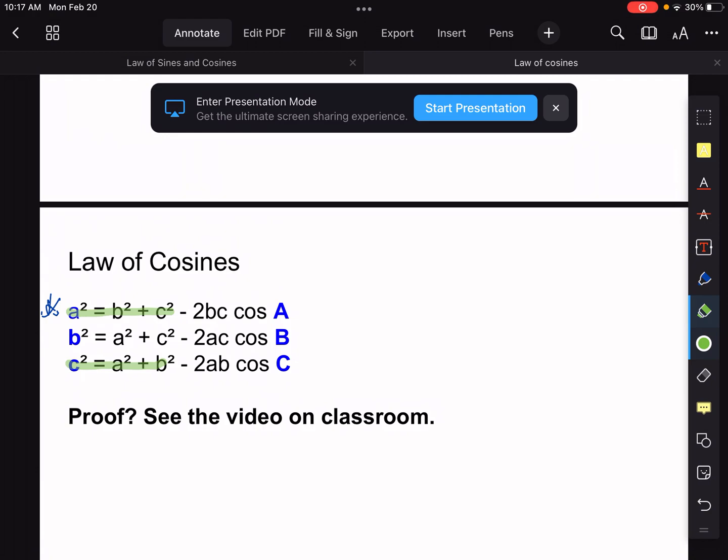Okay. And then I want to point out another thing before we get into what this actually all means. Remember that your lowercase letters, and you might want to make a note of this, stand for side lengths. The uppercase letters stand for angles.